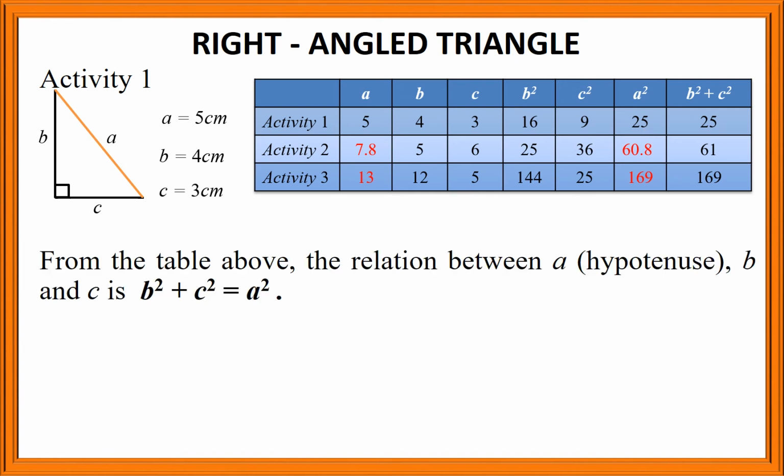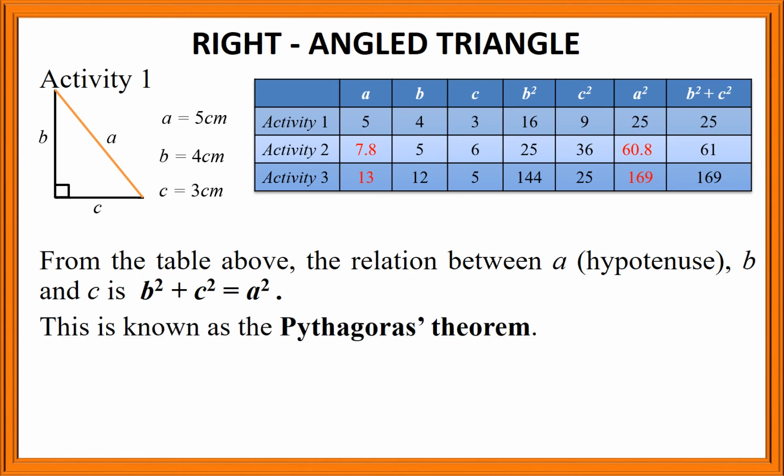So we can say that from the table above, the side A in the triangle here is also known as the hypotenuse. So the relation between A, the hypotenuse, B and C is B squared plus C squared equals A squared.